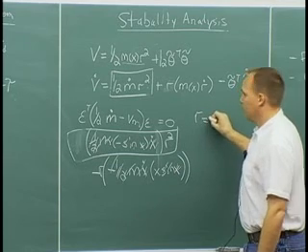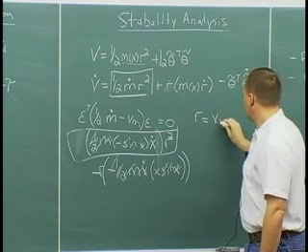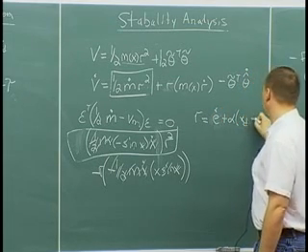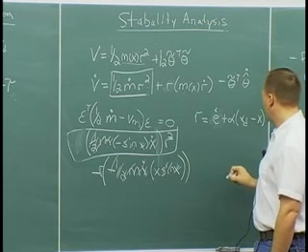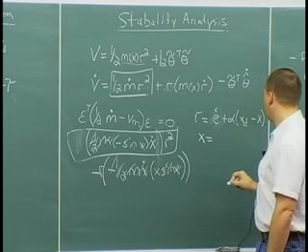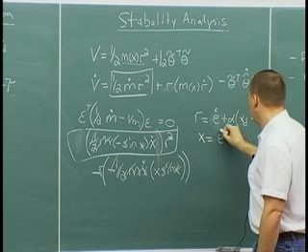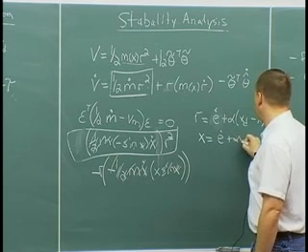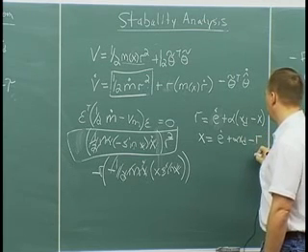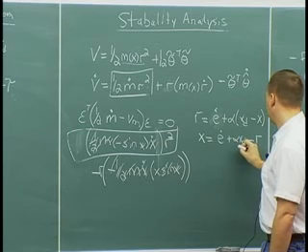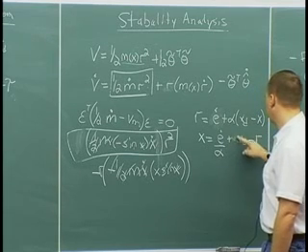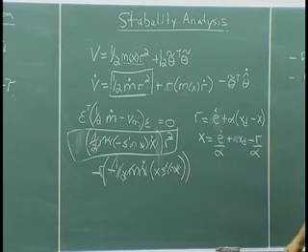So I know that r equals e dot plus alpha times xd minus x. Or I can say that x equals e dot plus alpha xd minus r, where this over alpha, this alpha cancels, and that's over alpha.